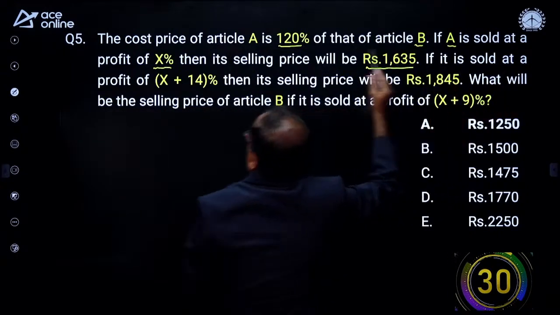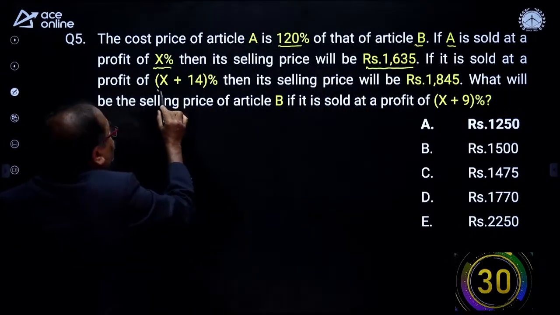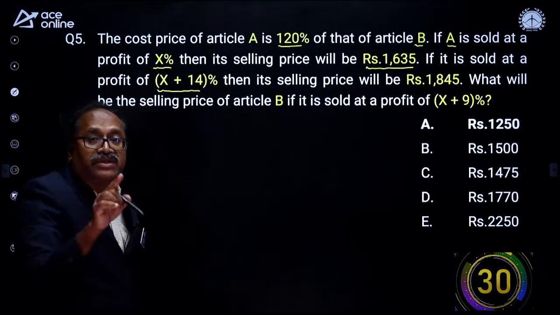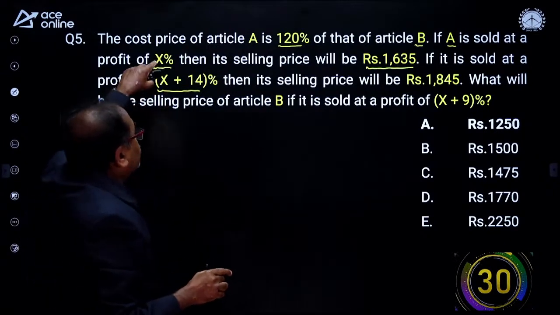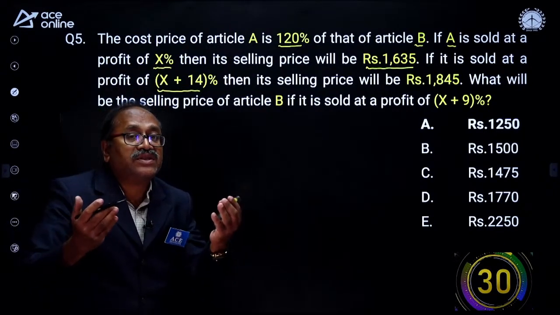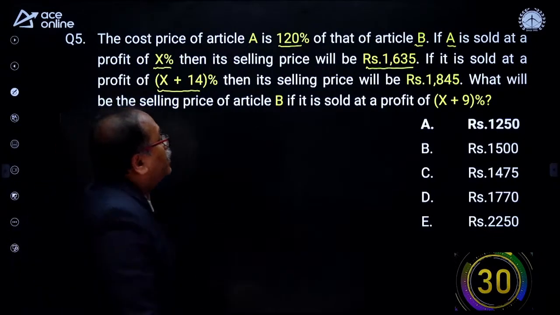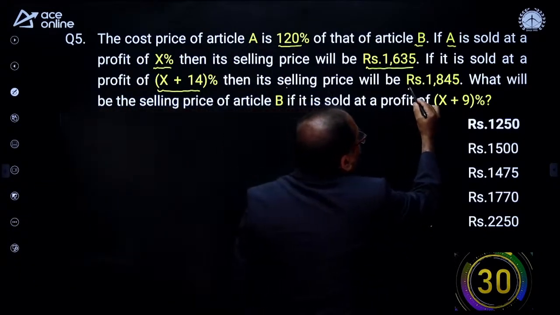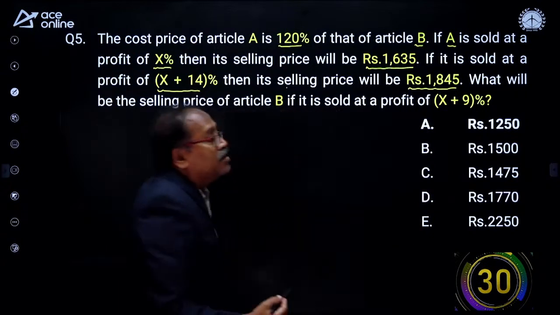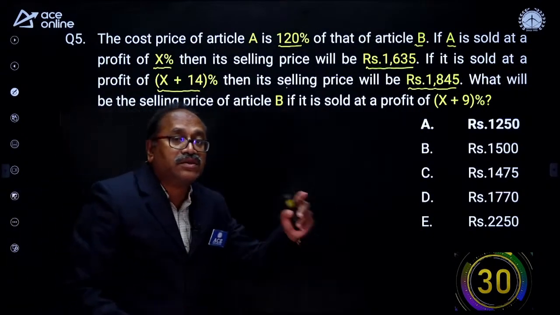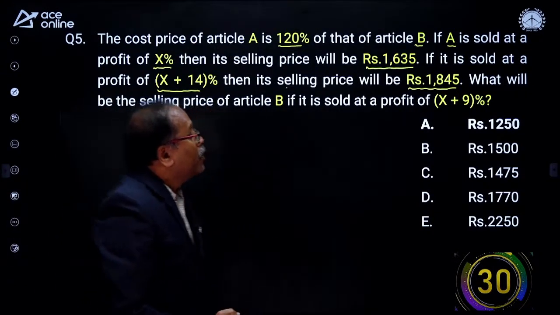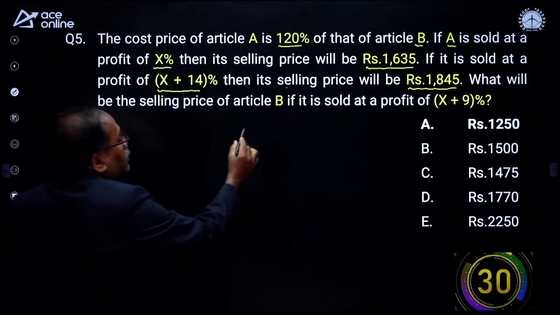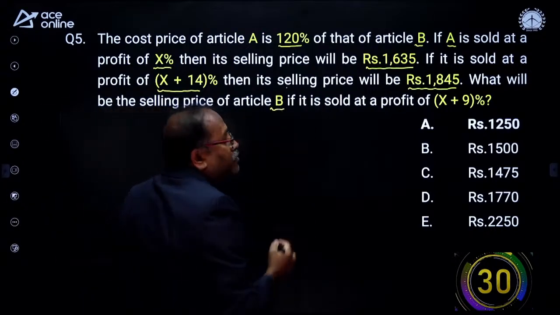If it is sold at a profit of X plus 14%, instead of X%, then the selling price will be rupees 1,845.